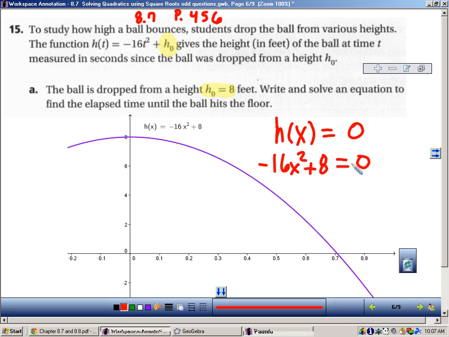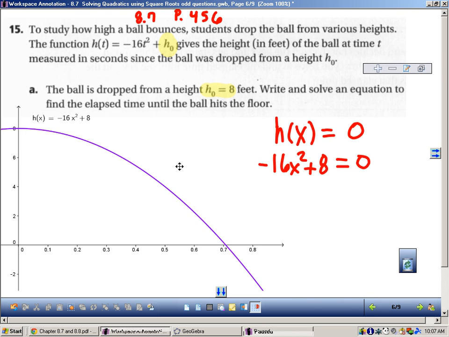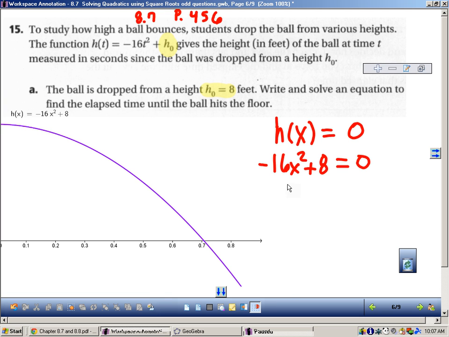Okay, set our function equal to 0, and this looks familiar. It's the standard form of a quadratic, setting it equal to 0. Now we can solve this by using square roots, since that's the subject of 8.7. Square roots, using square roots to solve quadratics.